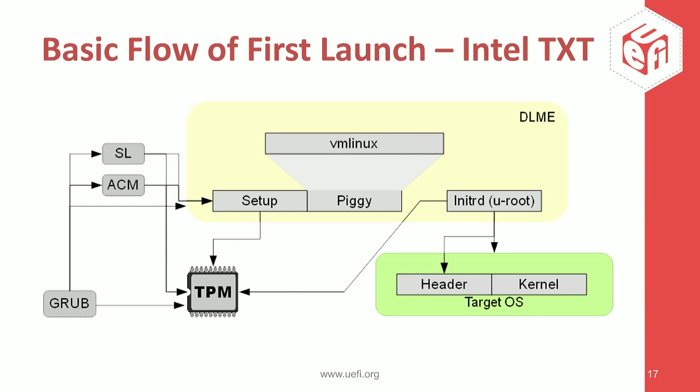So the control is passed from DCE to the Linux kernel first, to be precise, to the early part of Linux kernel. And this early part of Linux kernel does final configuration platform checks, and it also takes some measurements of arguments which were passed from the bootloader, in our case the GRUB, to the DLME.